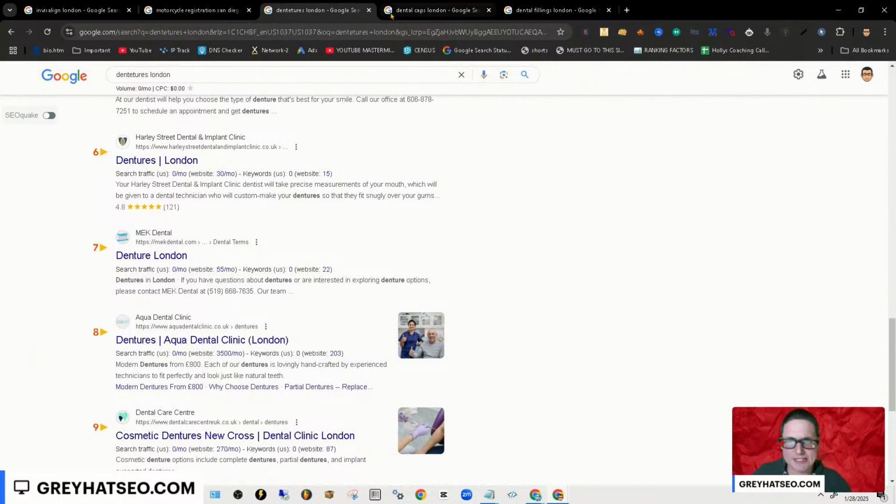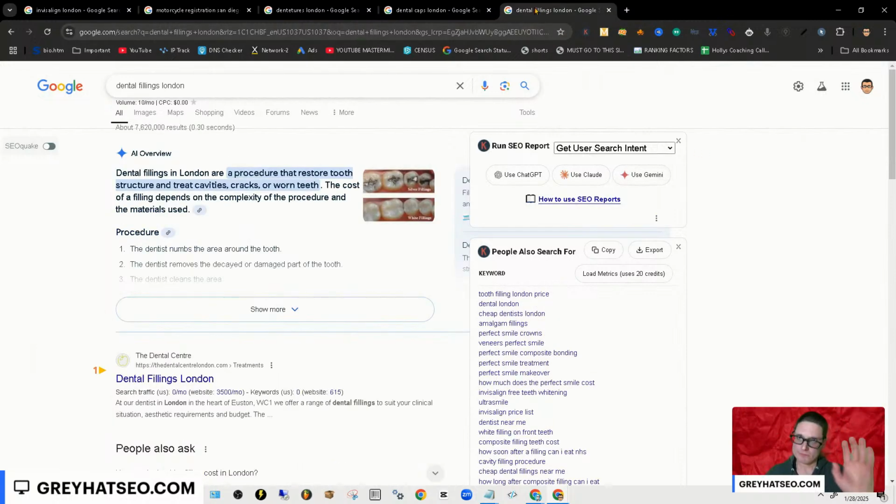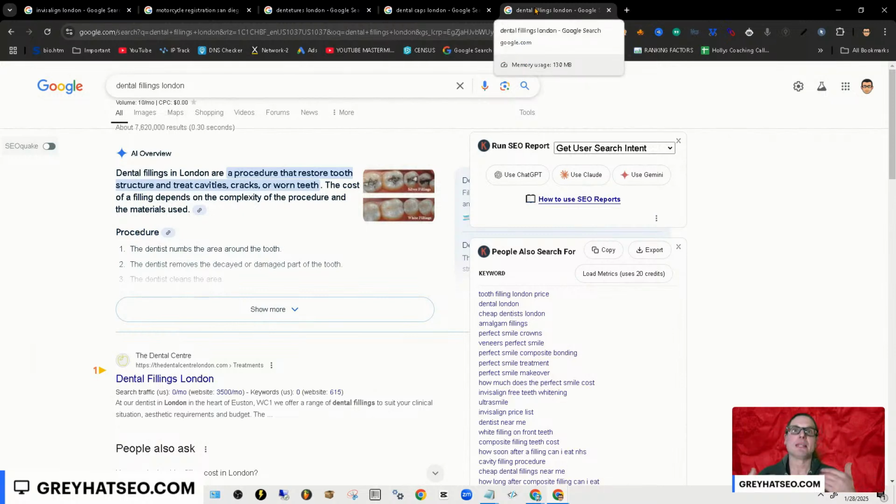So Invisalign and dentures are two different things. Aha, Smile Clinic. Okay, so dentures and dental caps are perceived as the same thing. Okay. Two different SERPs. They deserve two different top level categories. But I'm leading to a point that's going to point to your multi-service, multi-location.